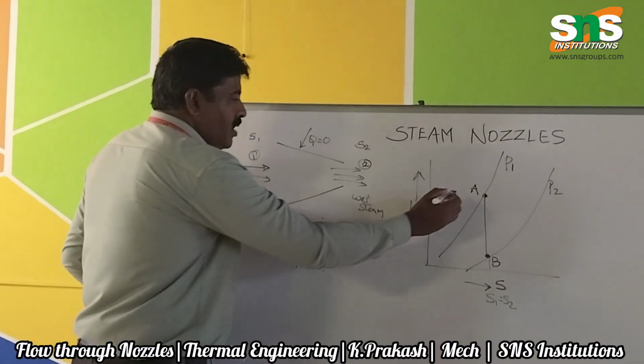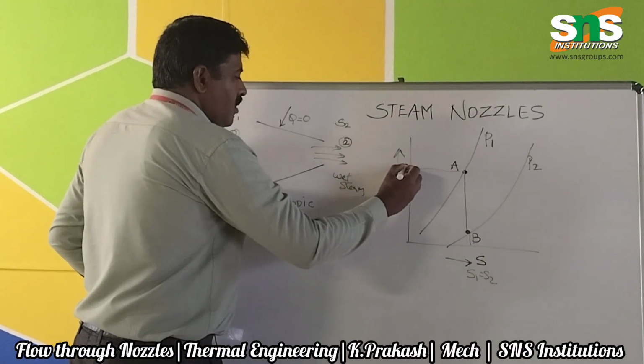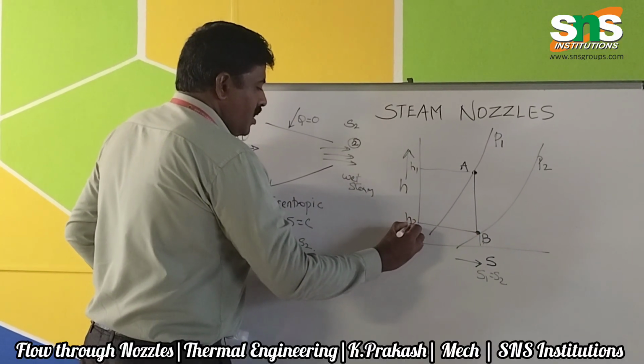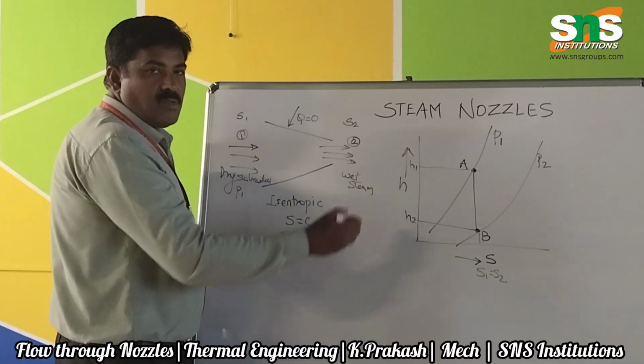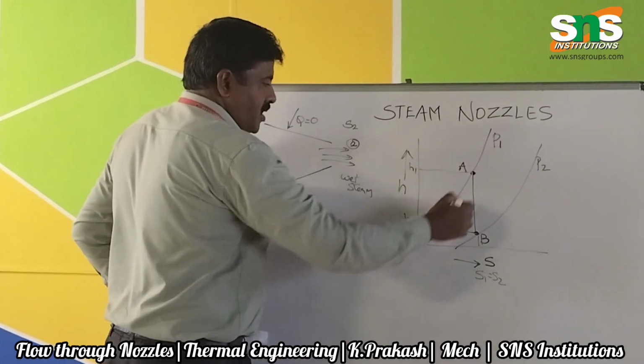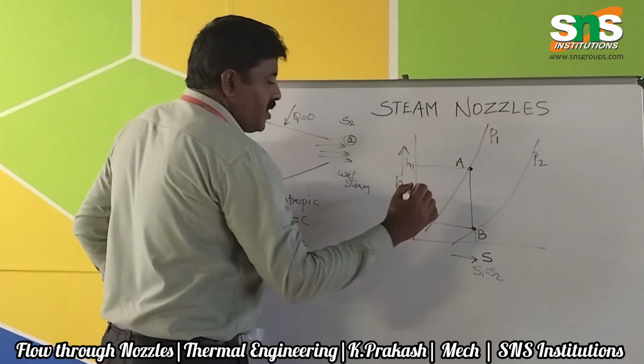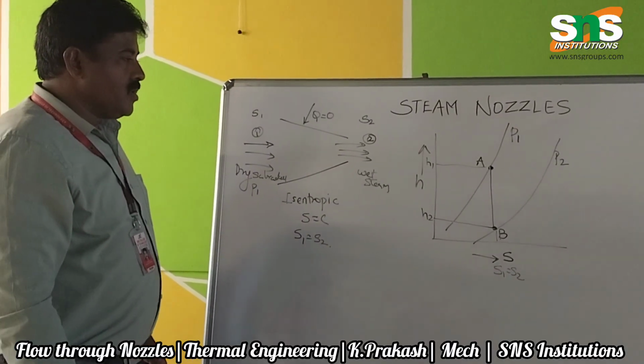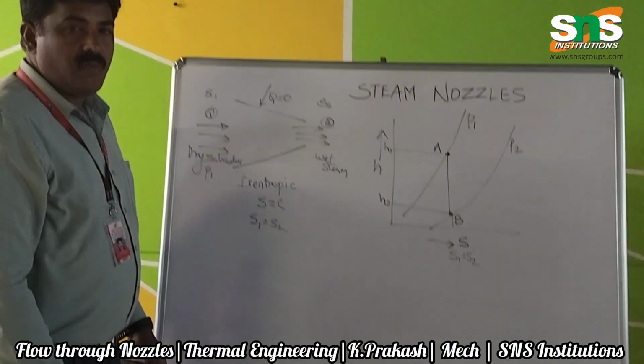Corresponding to the point A, we can calculate H1, and corresponding to B, we can calculate H2. That is enthalpy. In the same way the pressure and entropy, which is constant, can also be calculated. So this is the condition for an isentropic flow.